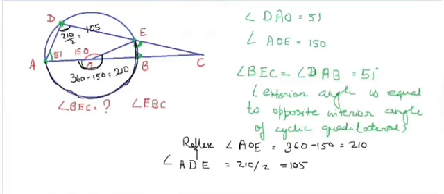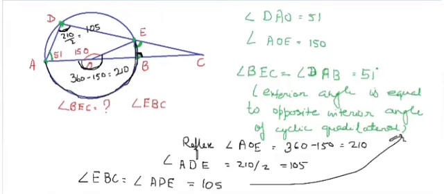Now angle B is the exterior angle of angle D. So from here I can write angle EBC is equal to angle ADE, which is 105. Same reason: exterior angle is equal to opposite interior angle.